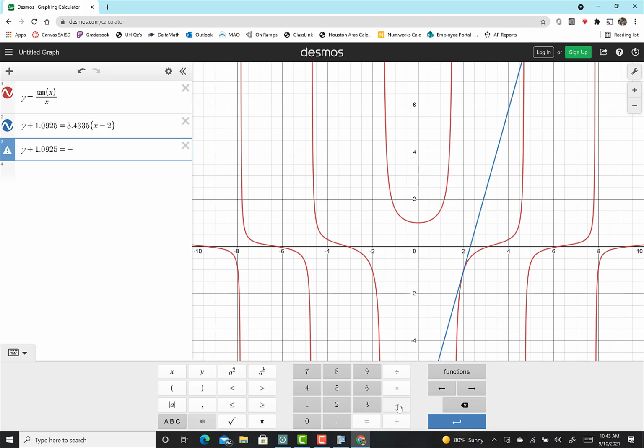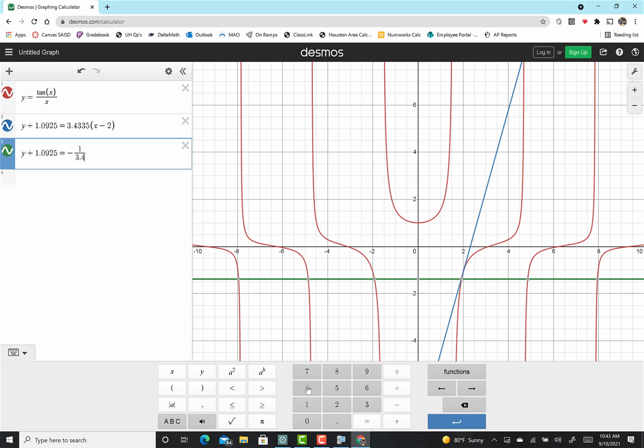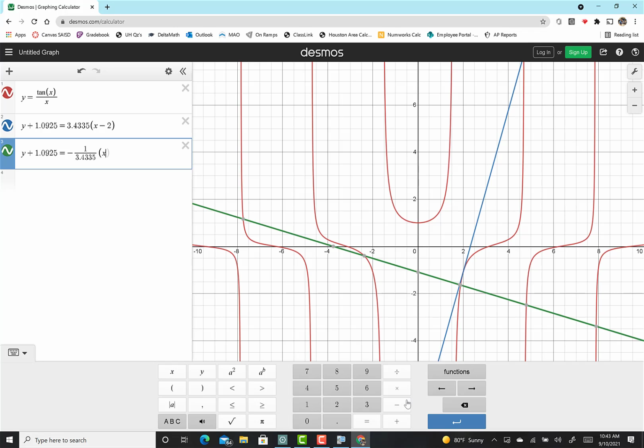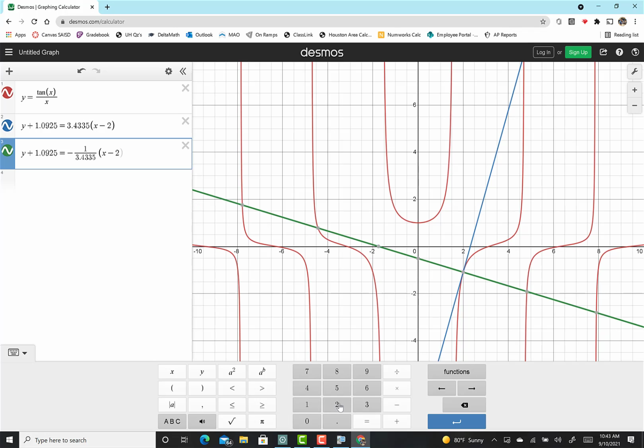So let's put a negative 1 over 3.4335. It does that when it starts getting warm, because the laptop is burning up right now because we're using it pretty hard, and we're recording as well. x minus 2. And look at that. That definitely looks like a normal.